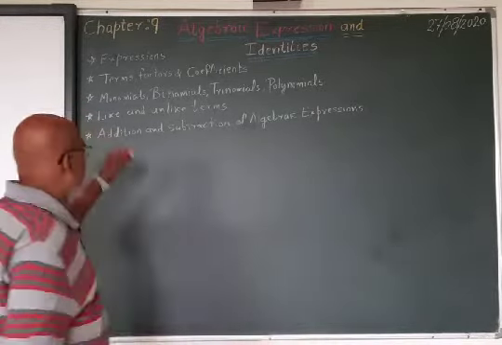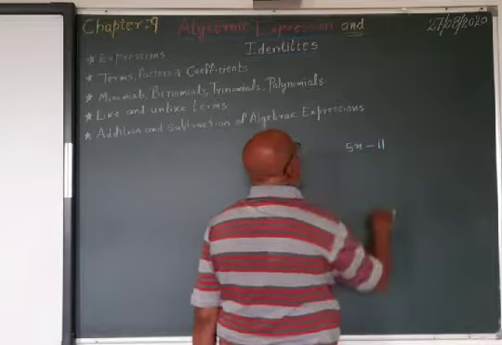Now, like and unlike terms. Suppose there are two polynomials, say 7x plus 5, and another, 5x minus 11.